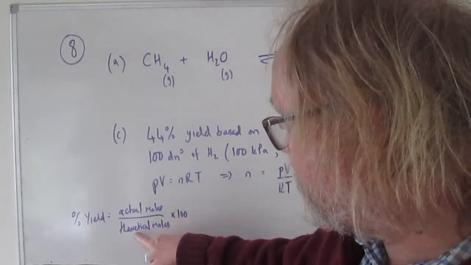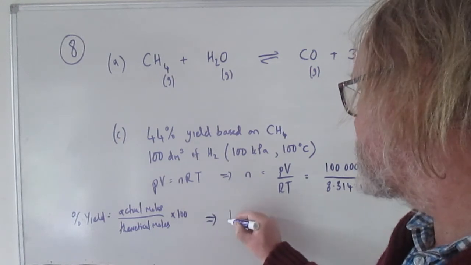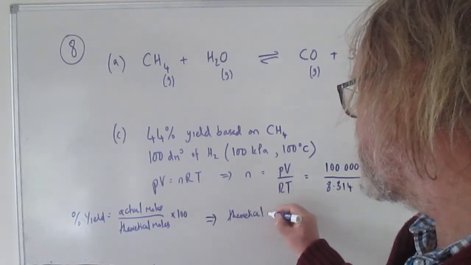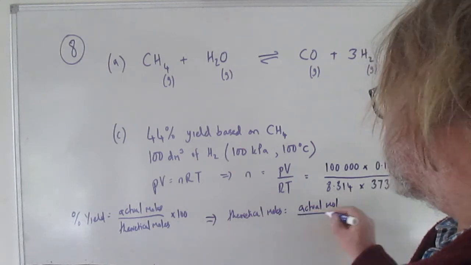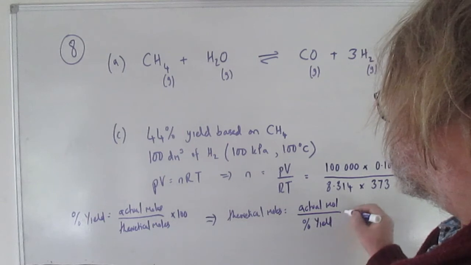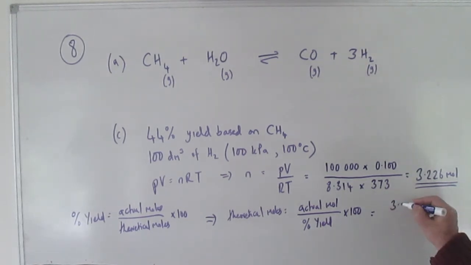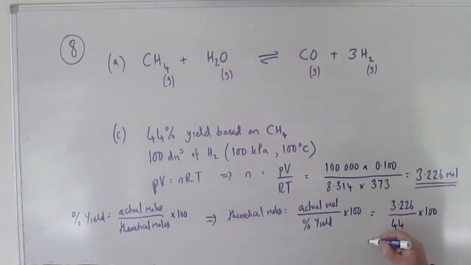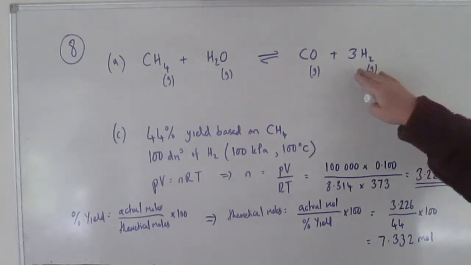And so you can see that if we slide theoretical moles up onto that side and then we slide percentage yield down over to there, we can rearrange that to get theoretical moles is equal to actual moles divided by percentage yield times 100, which is 3.226 divided by 44 times 100. And that works out as 7.332 moles.